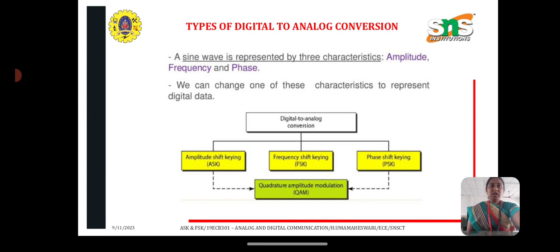The types of conversion are amplitude shift keying, frequency shift keying, phase shift keying, and quadrature amplitude shift keying.